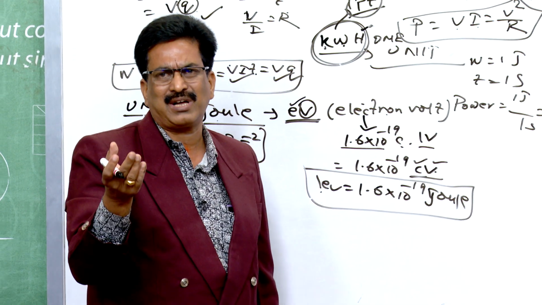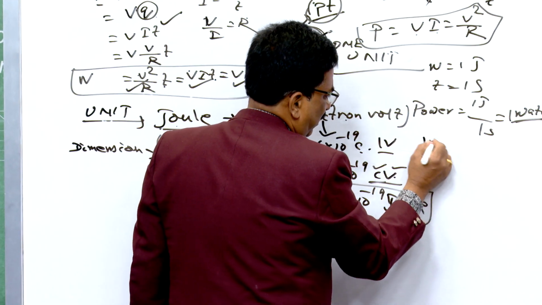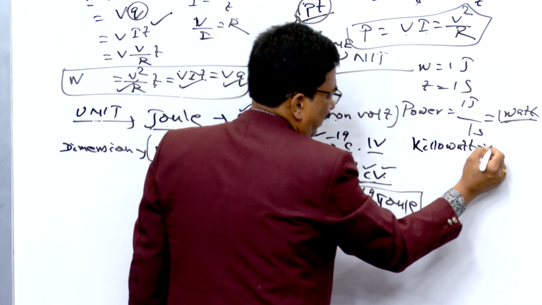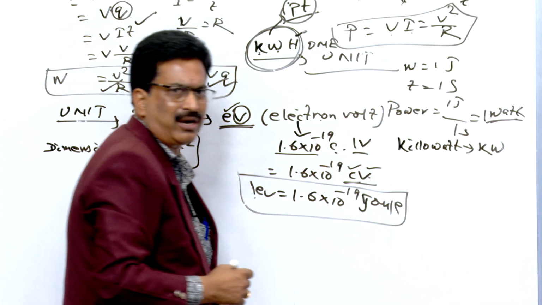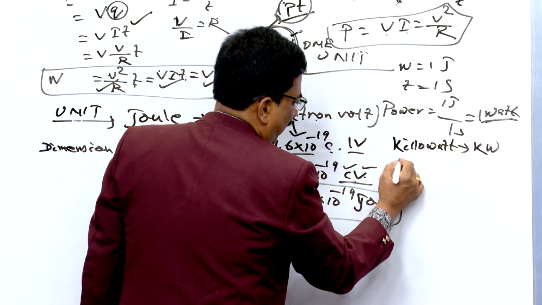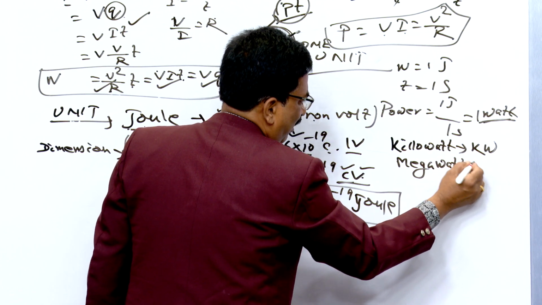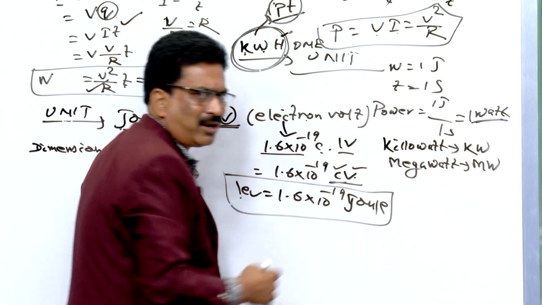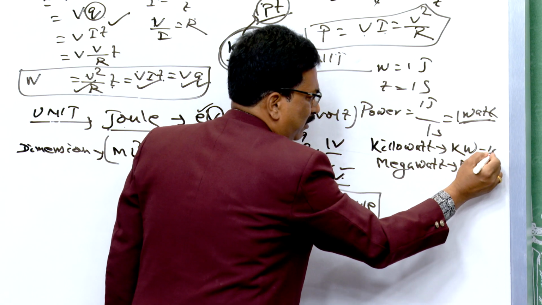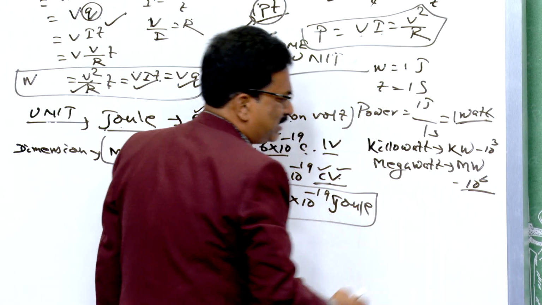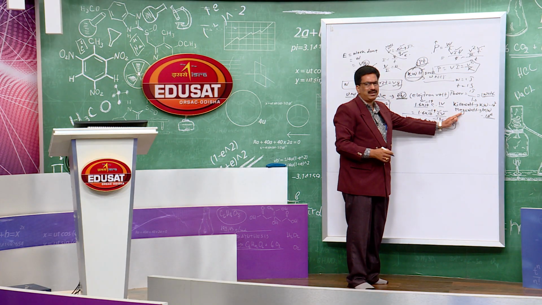If we go for its higher units, there is the kilowatt, kW, and the megawatt, MW. Kilo means 10 to the power of 3, mega means 10 to the power of 6. Likewise, you can find the dimension.